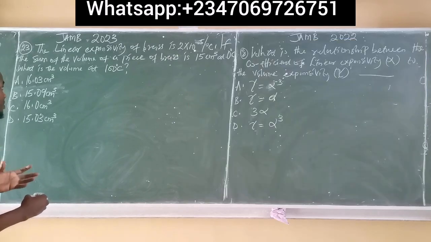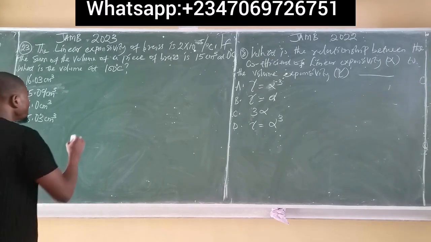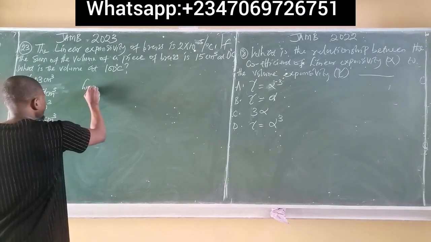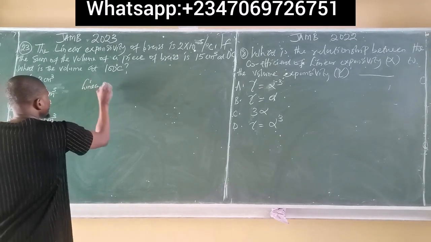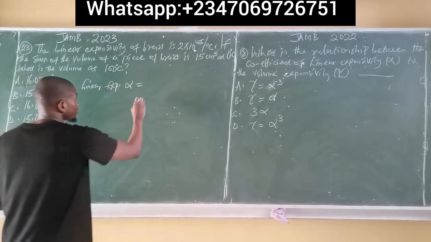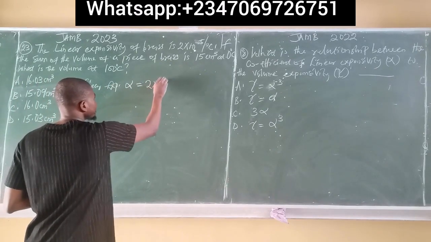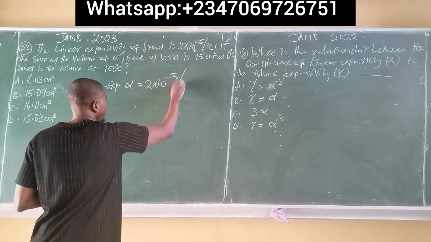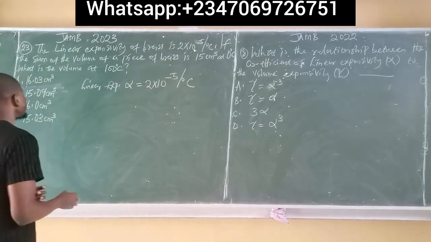So let's pick out the parameters. We are given the linear expansivity of brass. So linear expansivity, which is alpha, is given as 2 by 10 to the power of minus 5 per degree Celsius.